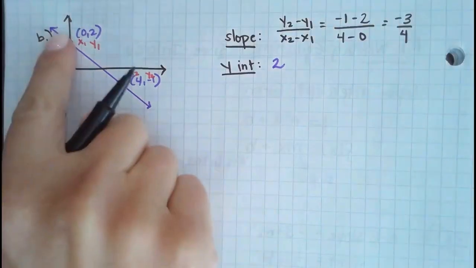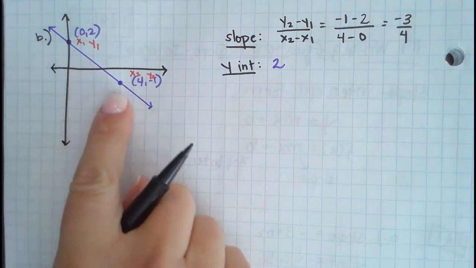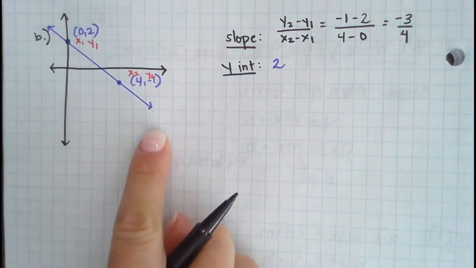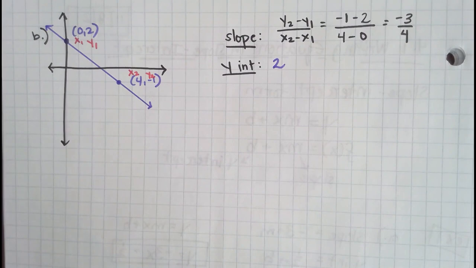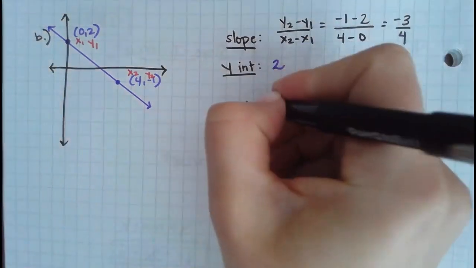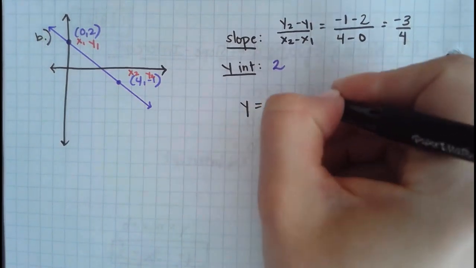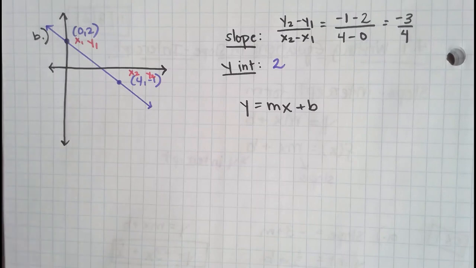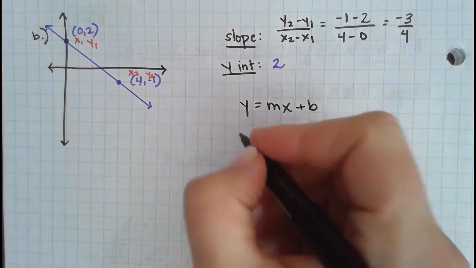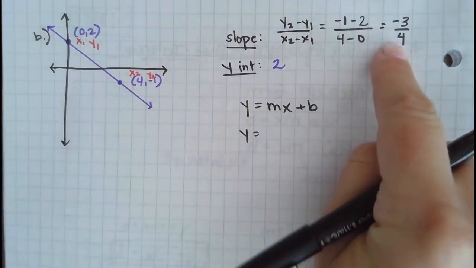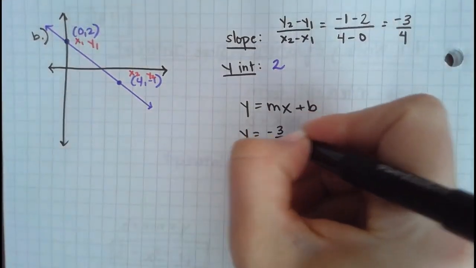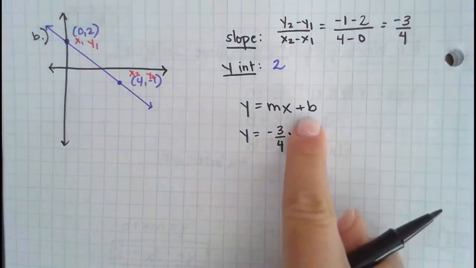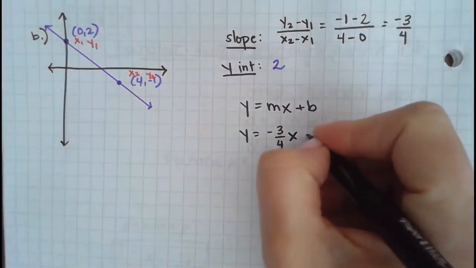That makes sense as well because I look at the shape of this line. This line would have a negative slope. It's falling from left to right. Okay. Then my last step is to plug in what I know to slope-intercept form. y equals, my m is negative 3/4, so negative 3/4 x plus y-intercept, which is 2.